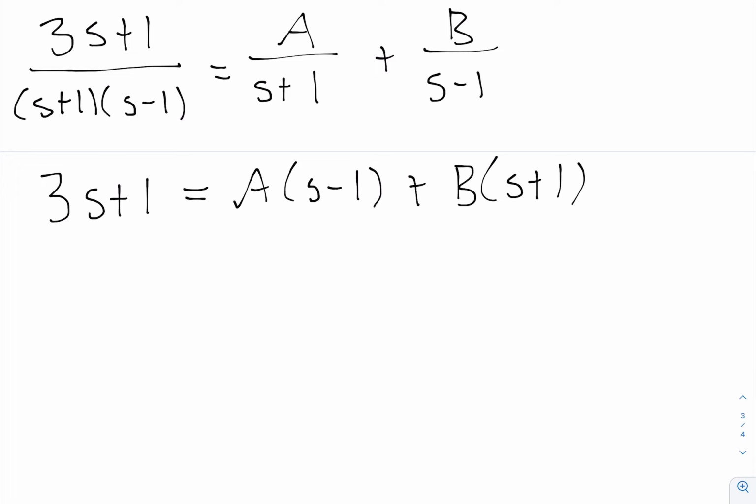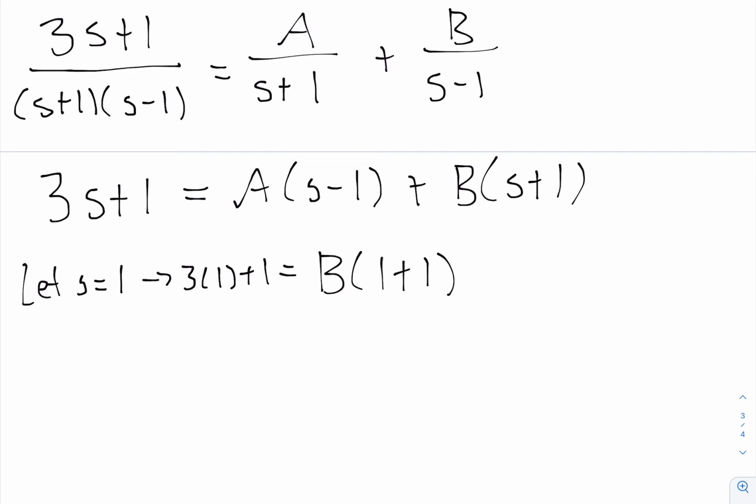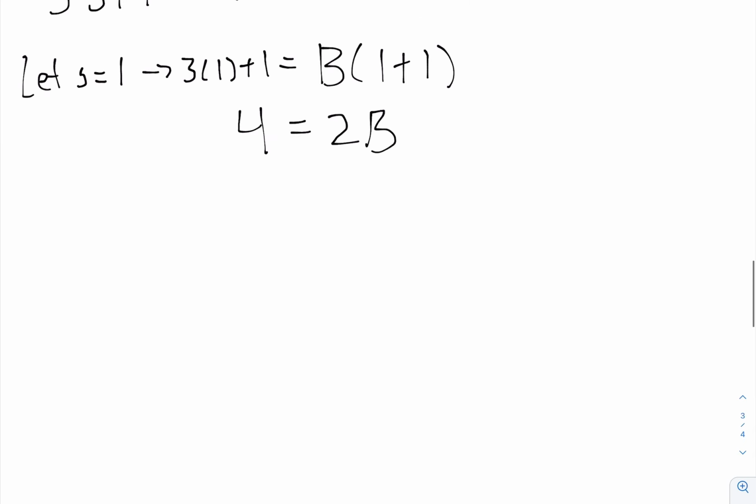So if we let s equal 1, we get 3 times 1 plus 1 equals a times 1 minus 1, which is a times 0, which is 0. So we'll just get b times 1 plus 1. 3 times 1 is 3, plus 1 is 4, so 4 equals 2b. Then we divide both sides by 2, so we get b equals 2.